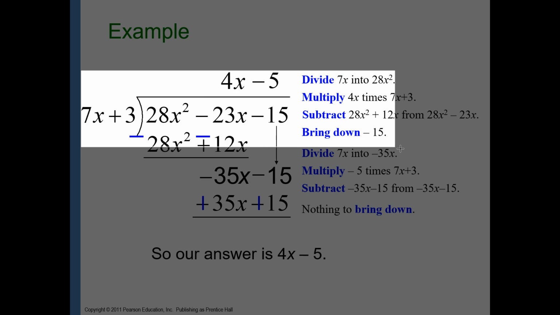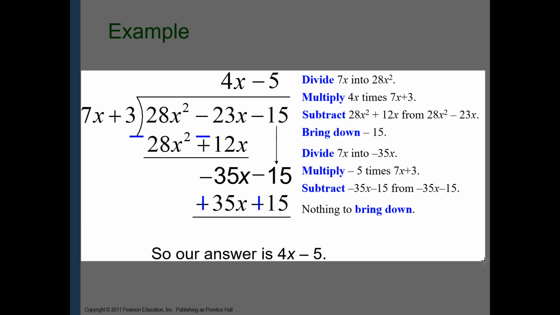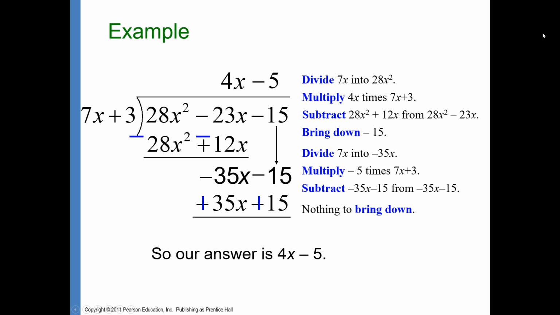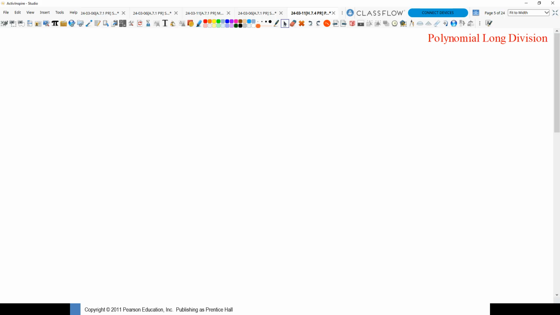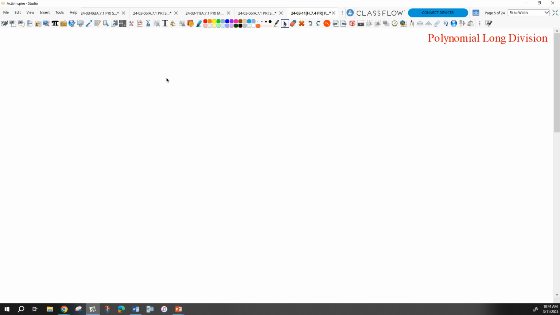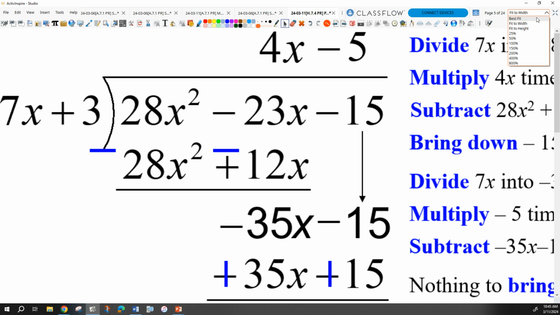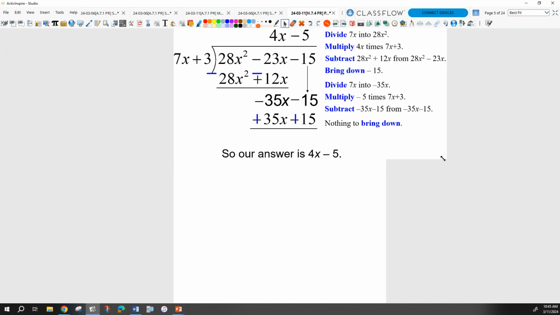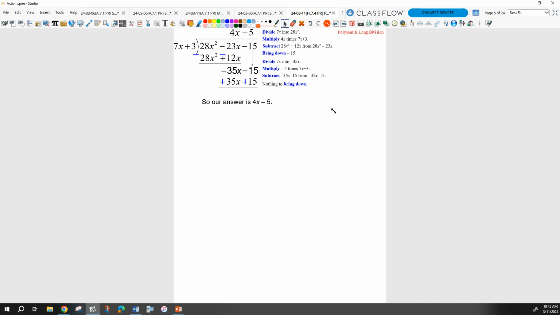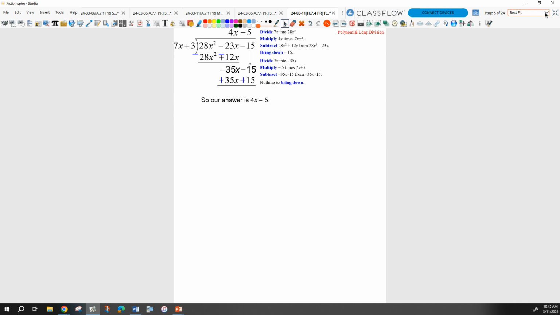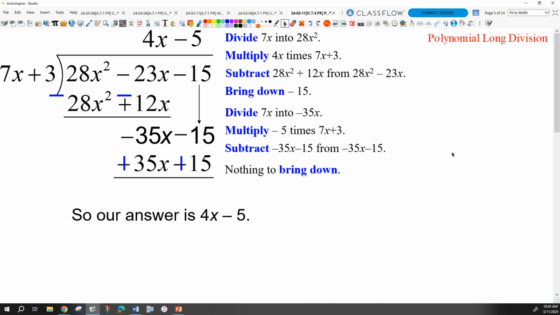Yeah. And this is stuff we'll talk more about later, but I think you probably can answer it right now. Yeah, so the factor is just 7x plus 3 times 4x.